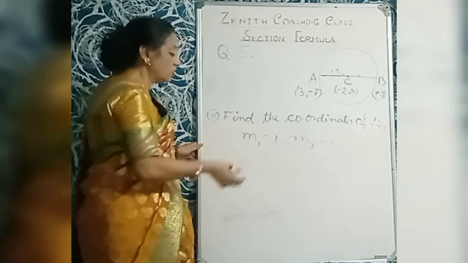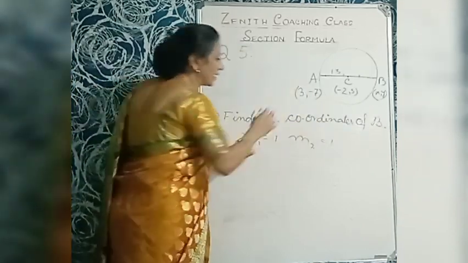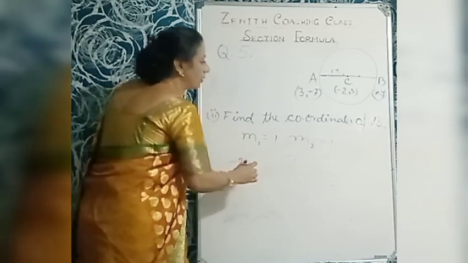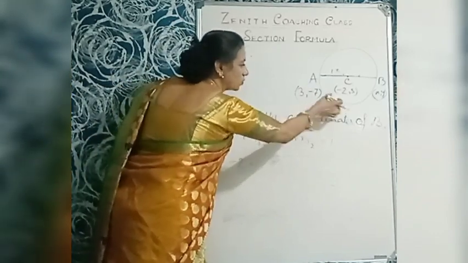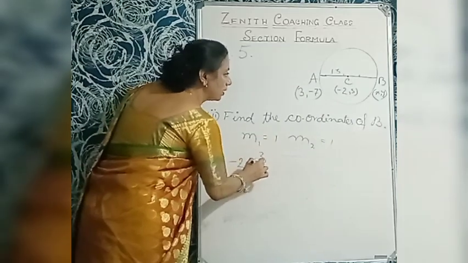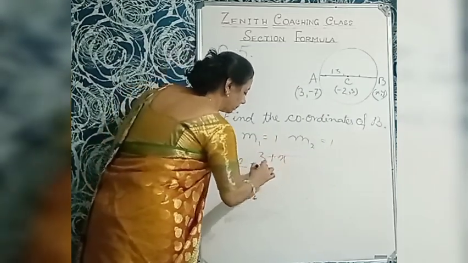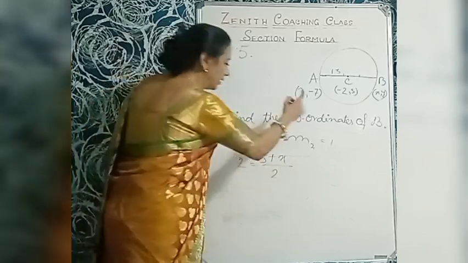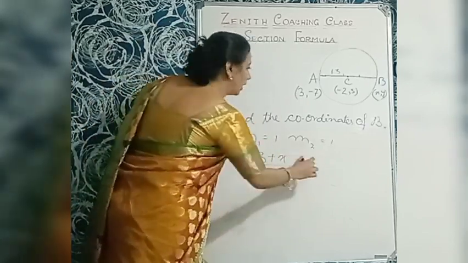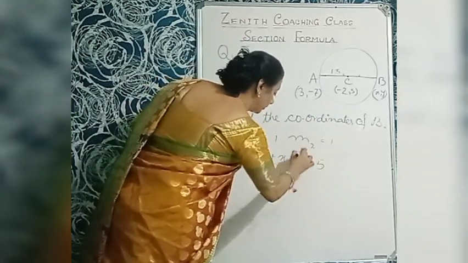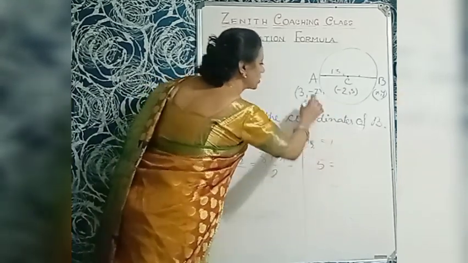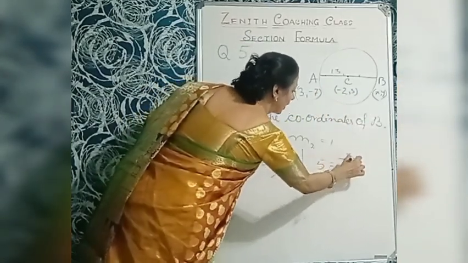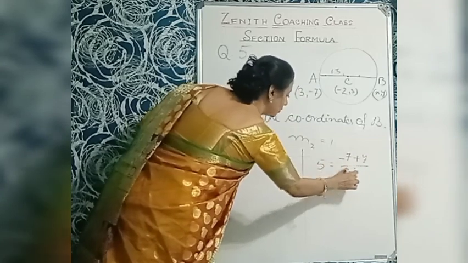That is the midpoint. So to find the value of x, here is minus 2. So minus 2 equals x1 plus x2 by 2. And here is 5, so 5 equals y1 plus y2 by 2, that is minus 7 plus y by 2.